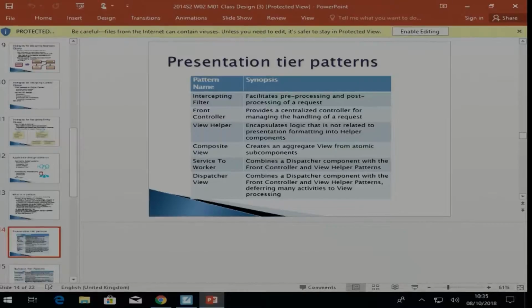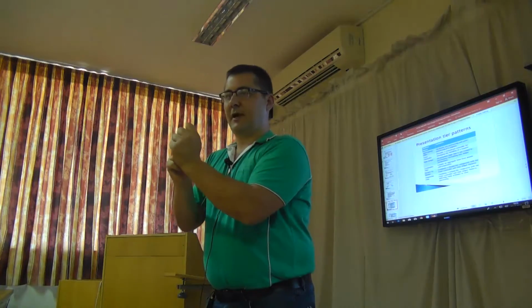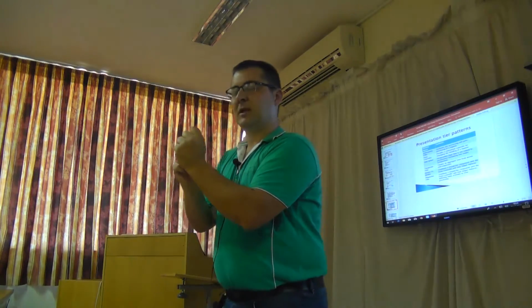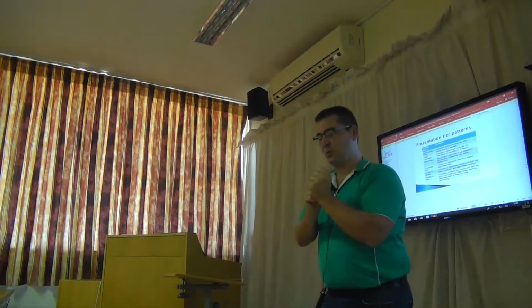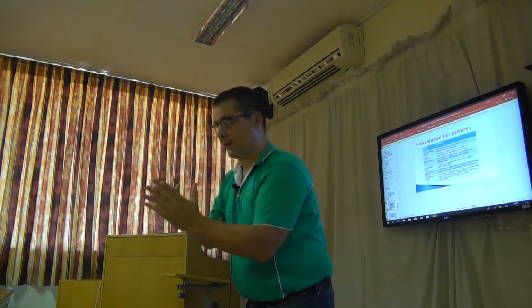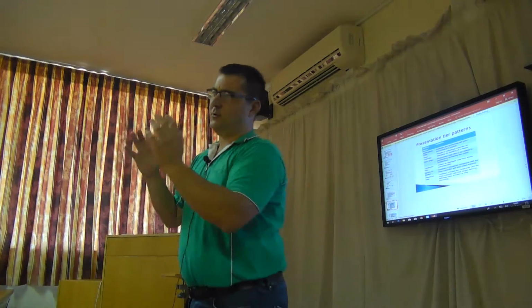Then there's a few other ones, interception filter or dispatcher view. Interception filter facilitates the pre-processing and post-processing of requests. So it means that when you are accessing a resource or a site on the internet, it can look at where you are from and whether you can access this. For example, a lot of people would like to stream Netflix from the US.